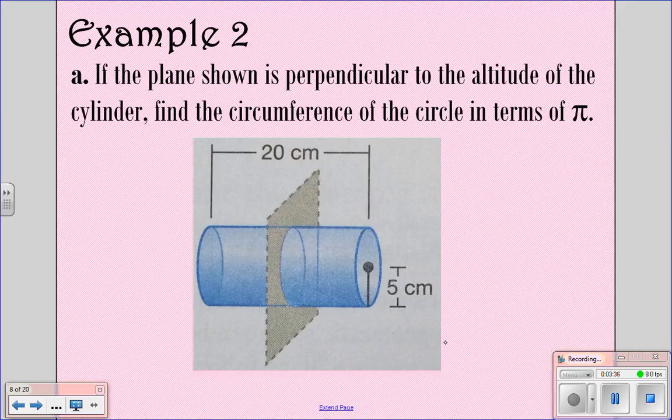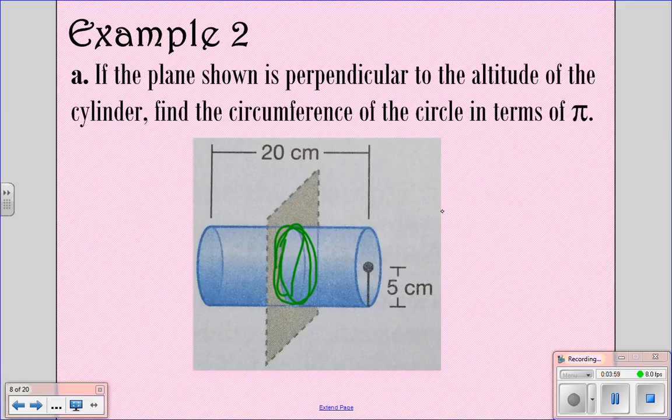Looking at the next one. If the plane shown is perpendicular to the altitude, find the circumference of the circle in terms of pi. So it wants us to find the circumference of this circle here. Well, it's the same as the circumference that is found here because it's the same circle.